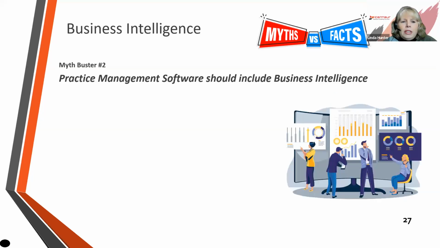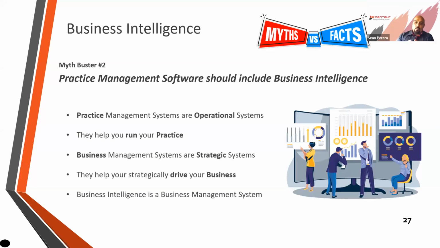Okay, so Mythbuster number 2, Sean, practice management software should include business intelligence. Interestingly, Linda, we get asked this question quite a bit in training sessions, consulting sessions, and also when I go out and speak to our users, they often say Delta Windows should have business intelligence built into it.